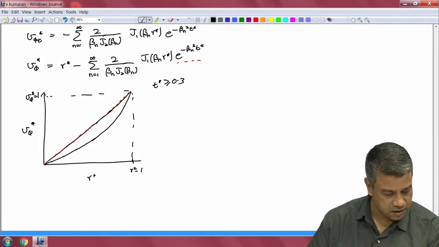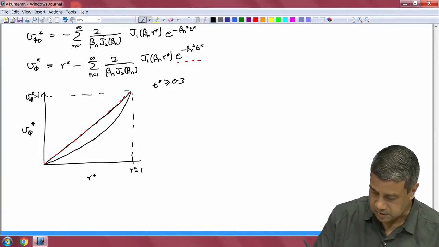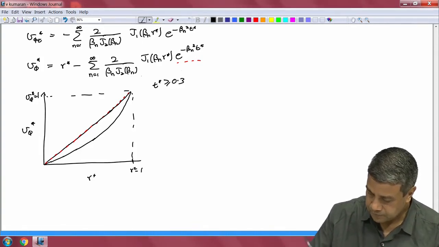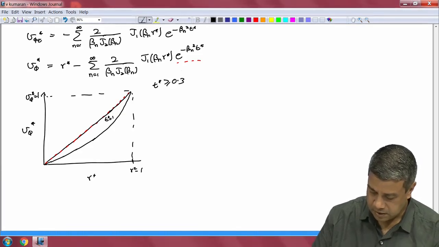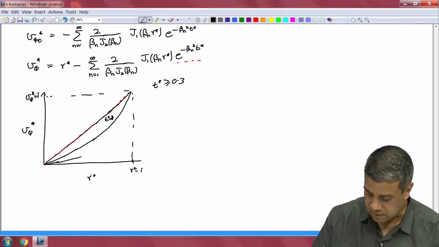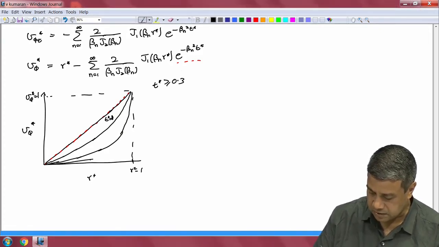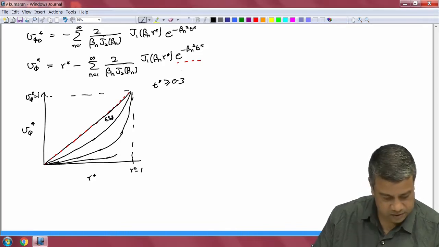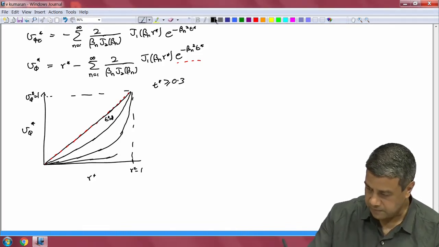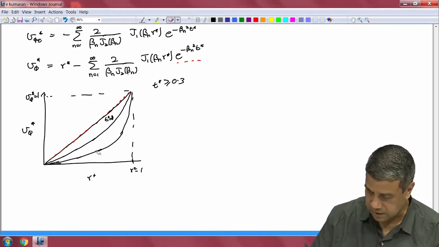And then for t star equal to 0.03, it looks something like this, and then for t star equal to 0.01, the velocity is close to 0 throughout the domain, but then it increases very close to the wall.